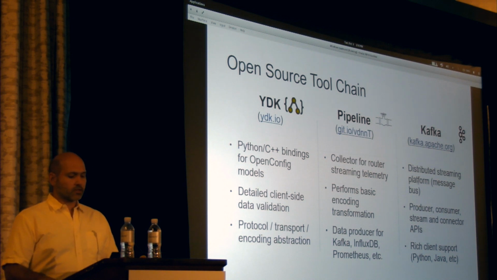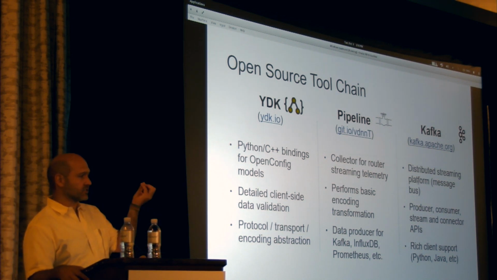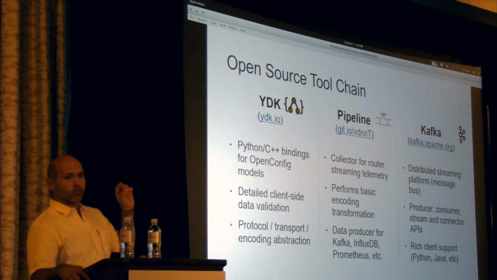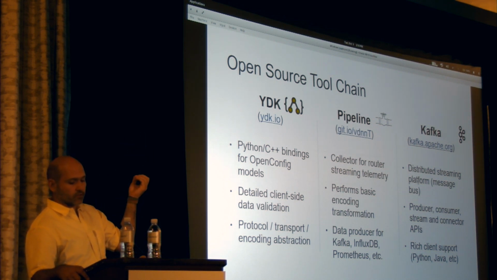All right, so let me keep going through the tool chain. On the collection side, remember that I said when we configure the interface and we configure BGP, we expect data to be streamed back. So we need to have some kind of collector, and we're going to use an open source project called Pipeline that is going to collect that data.